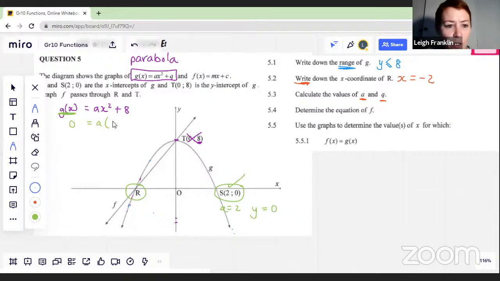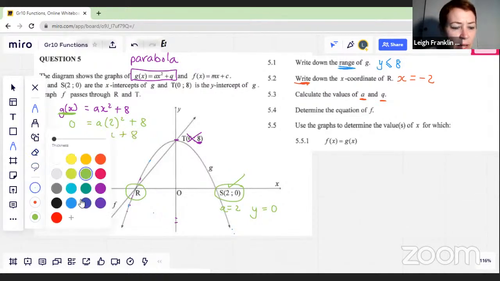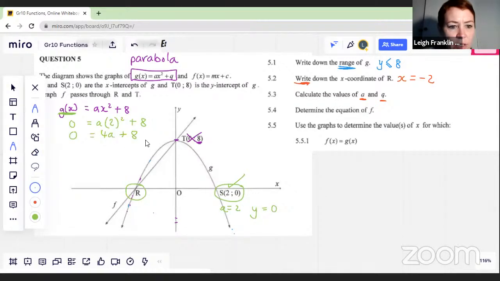In place of x, we're going to put 2, and we're going to square it, and then +8. So in our next line, 0 would be equal to 2 squared, which means 2 times 2, so that's 4a plus 8. If we have +8 on the right, we need to take it over to the left, so that would make -8 equal to 4a.